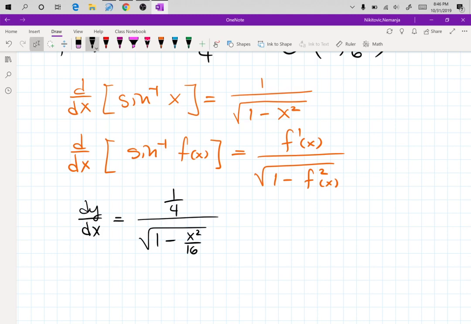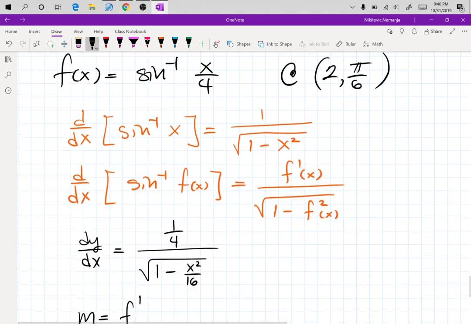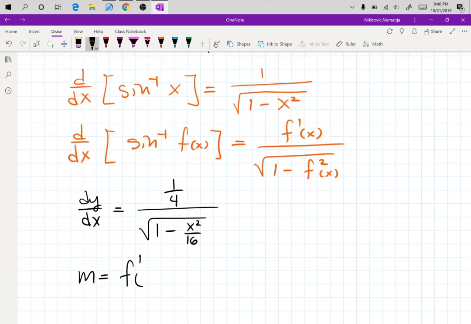To find the slope m, we will plug in 2. So this becomes 1/4 over the square root of 1 minus 1/4 over here. And then we compute this.